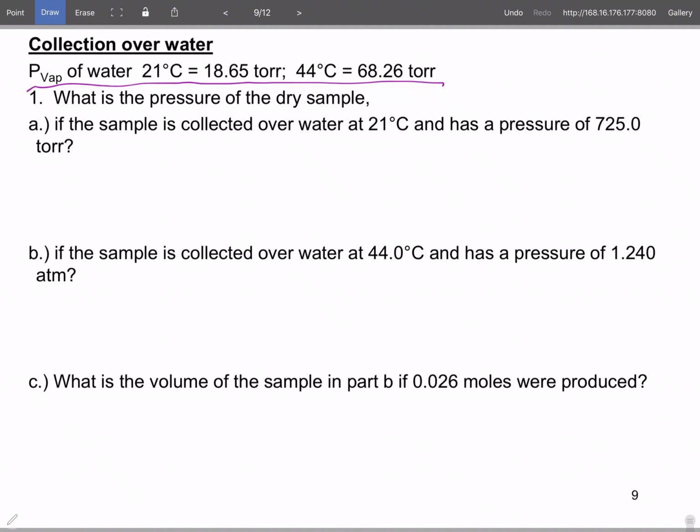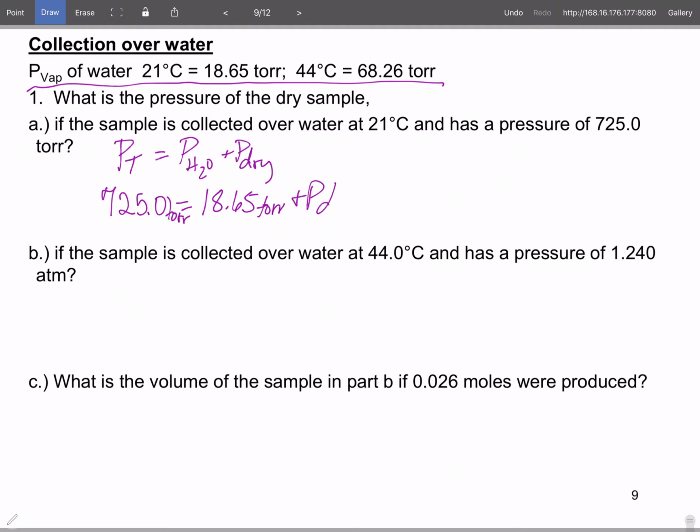So if the sample is collected over water at 21 degrees and has a pressure of 725, what is the dry sample? Well, the pressure total is going to be equal to the pressure of water plus the pressure of the dry sample. So if we're at 21, we have a pressure total of 725.0, and our water vapor at 21 is 18.65, and these are both in torr.